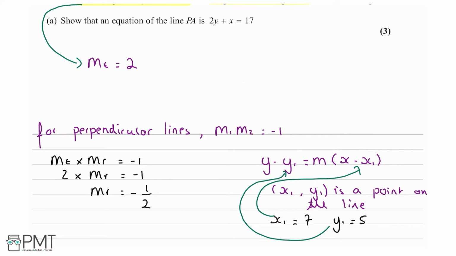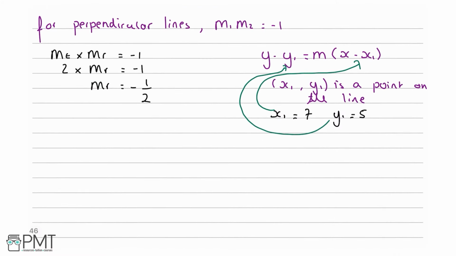So let's do just that. y minus our first y coordinate, 5, equals m, which is -1/2 from over here. So let me just put that in like that. So -1 over 2 times x minus, now our x point is 7. So let's write 7 like that.